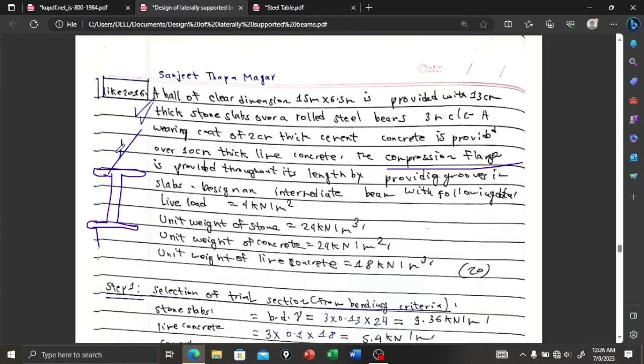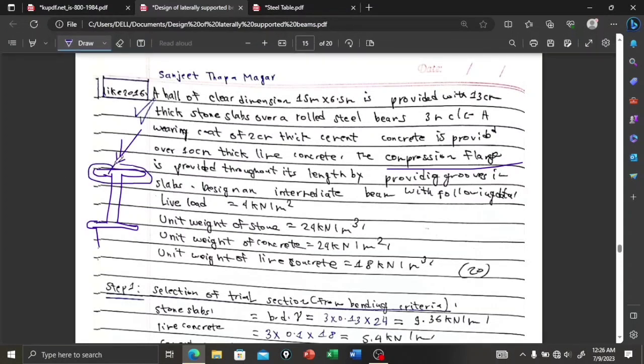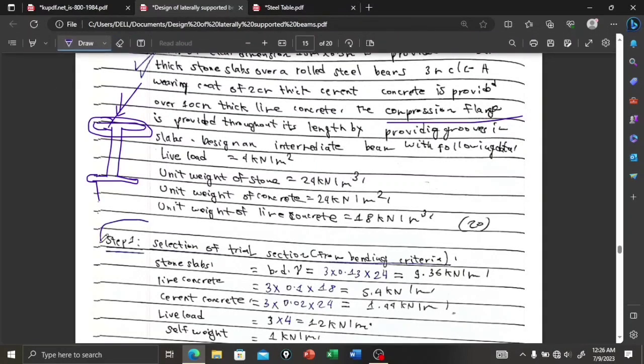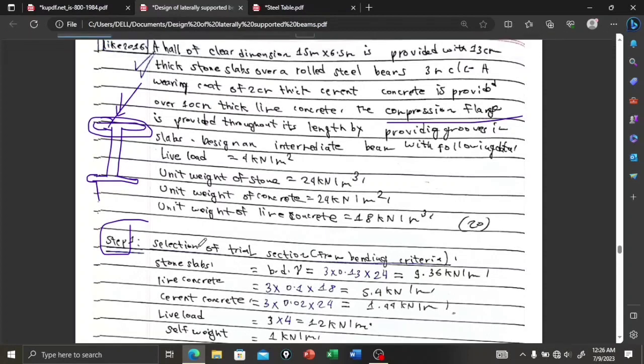If load is from upward, then compression flange is provided throughout its length by providing grooves in slab. So this is the case of laterally supported beam. So step 1 is selection of section from bending criteria.